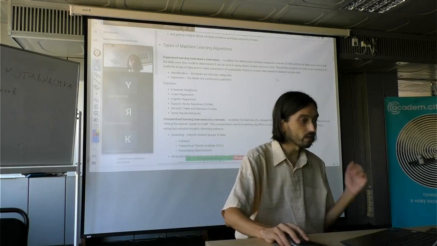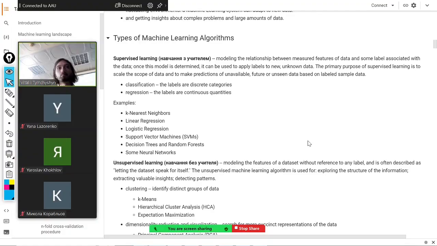Many methods fall in this class. It gets further into 2 branches. We will see classification, when labels are discrete categories. For example, if you are putting some photos in and you want to find out which are photos of cats and which are photos of dogs. And regression, when labels are continuous quantities.